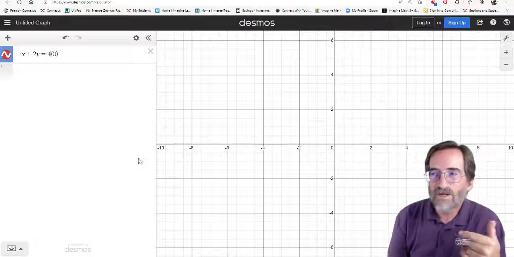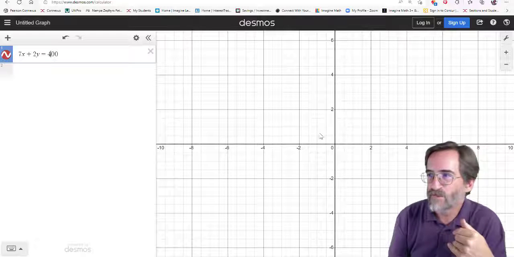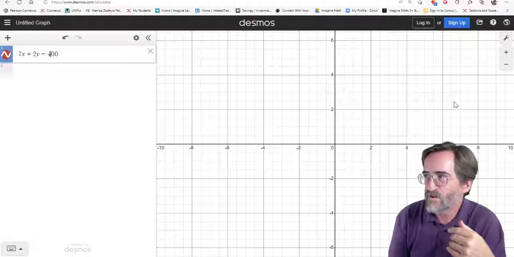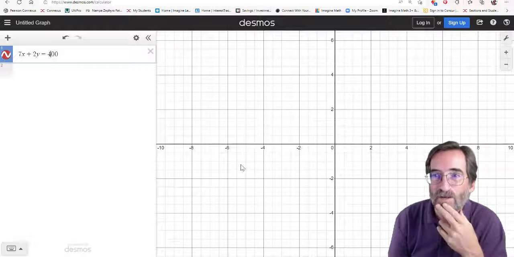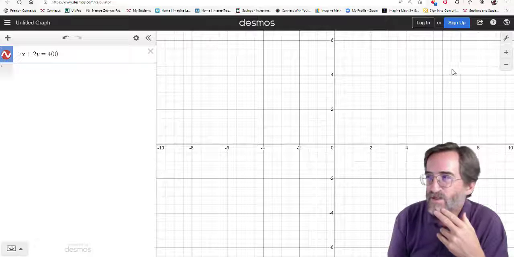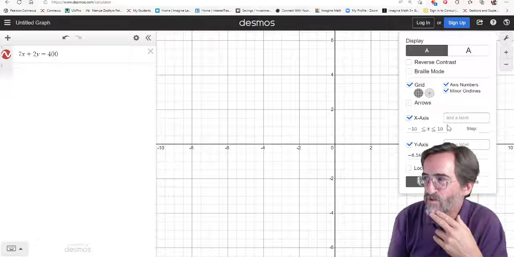Well, that's because we're dealing with very large numbers, and they don't go in the standard 0 to 10 window, right? So let's think of how we want to show the window here.